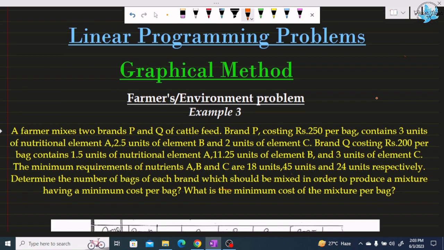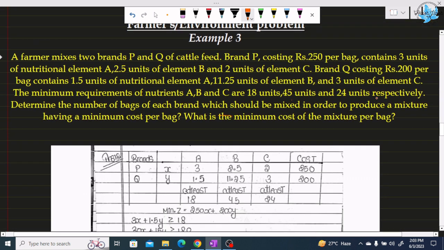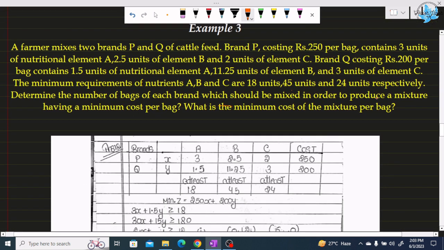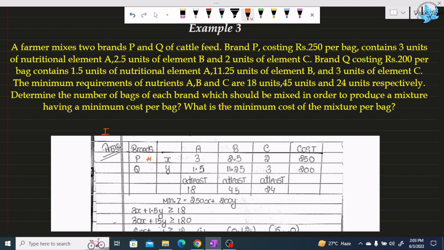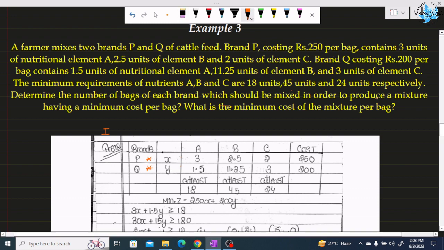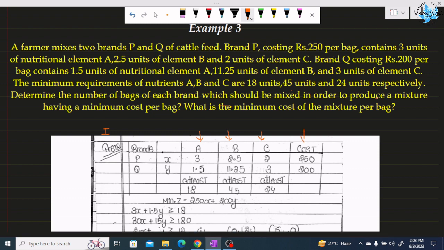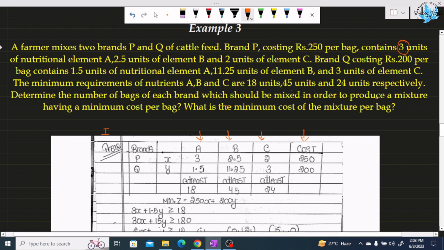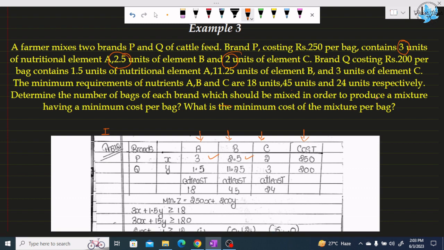The question is simple, everything is given in the question. See, first draw the table. The two brands given are brand P and brand Q, that is X and Y. I am considering brand P to be X and brand Q to be Y. Now there are three nutritional elements, A, B, C, and the cost. In brand P, the values of A, B, C are 3, 2.5 and 2.